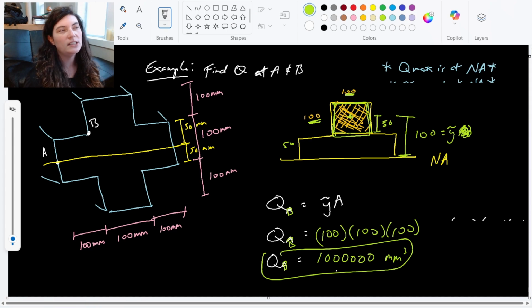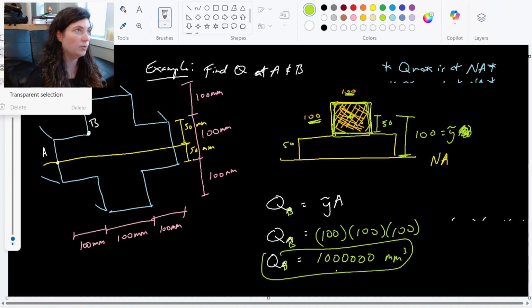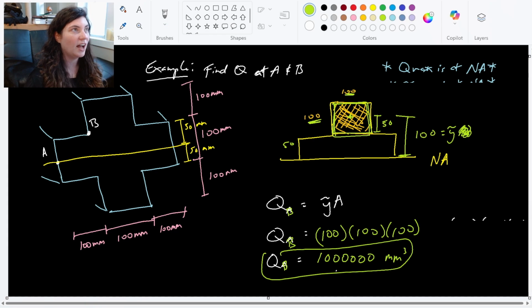And remember, it's not always the area that is directly on top. It can be either the area above or below. It's just the area that's farther away from the neutral axis. So just as a bonus example, let's say I have a point C here.